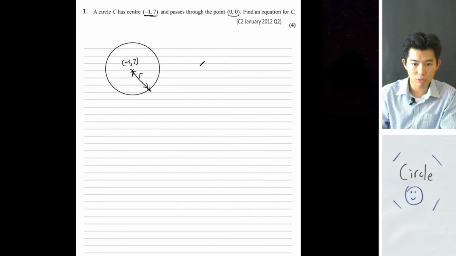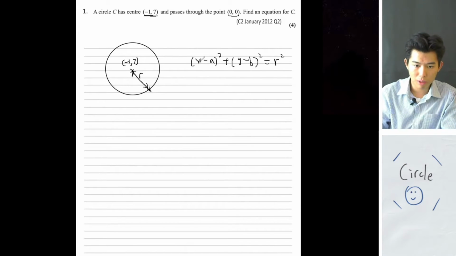So the equation of the circle would be (x - a) squared plus (y - b) squared equals r squared. The a would be -1 and the b would be 7. (x - -1) squared plus (y - 7) squared equals r squared.